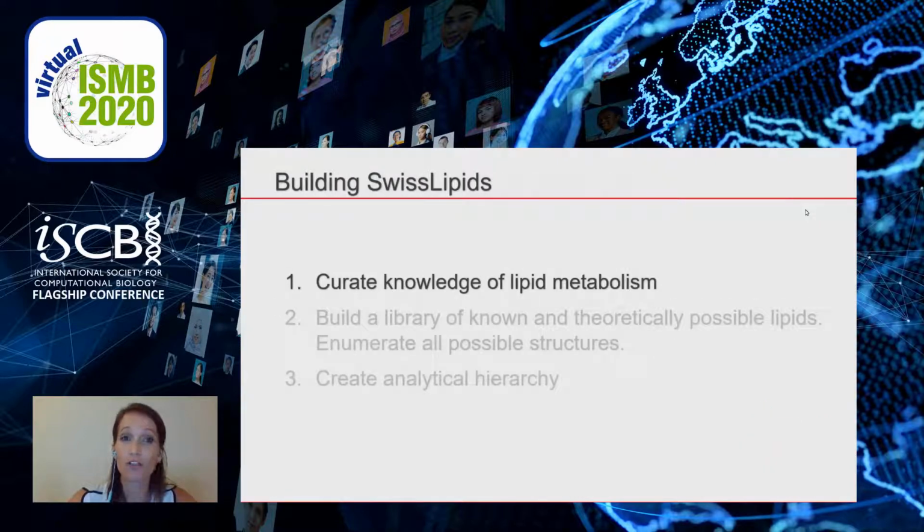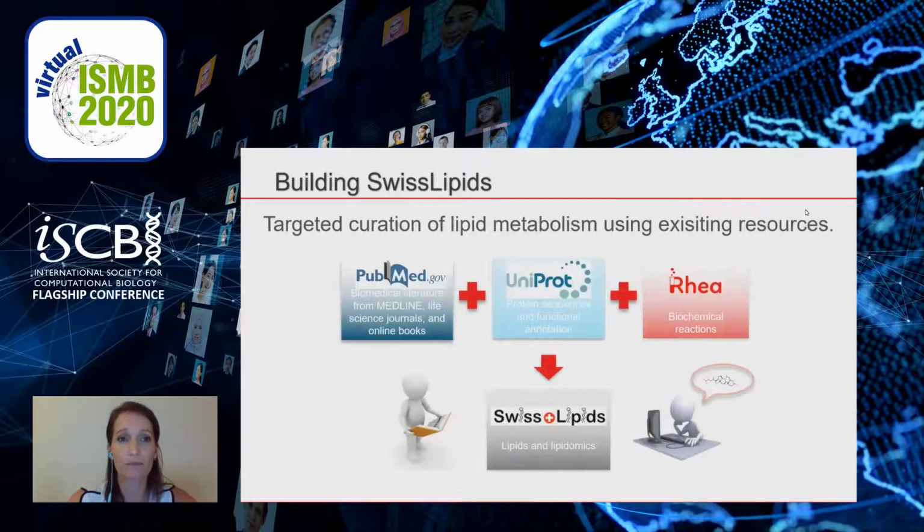So first of all, to build SwissLipids, we curate the knowledge of lipid metabolism. For this, we use mainly 3 established resources like PubMed for all the peer-reviewed articles, UniProt as the reference resource for protein annotation, and Rhea as the reference resource for biochemical reactions.